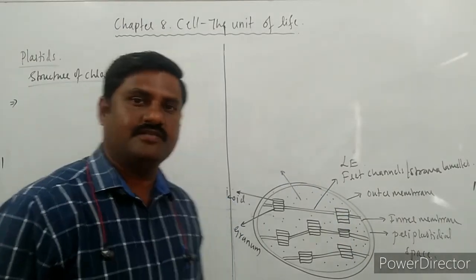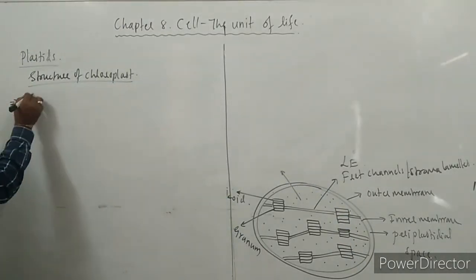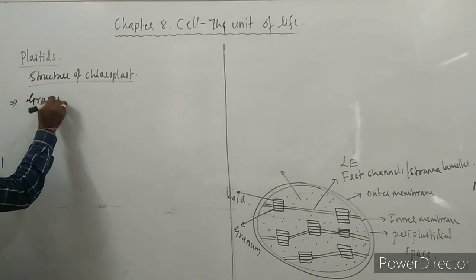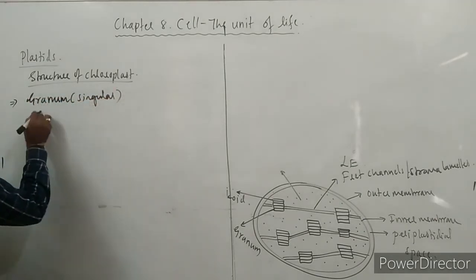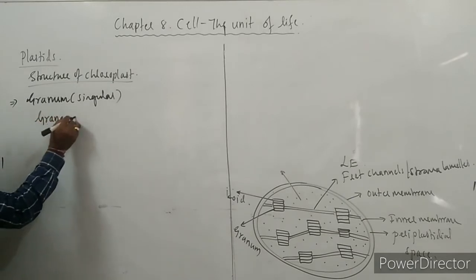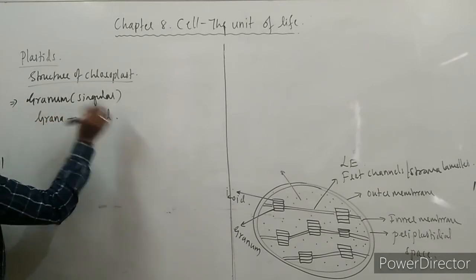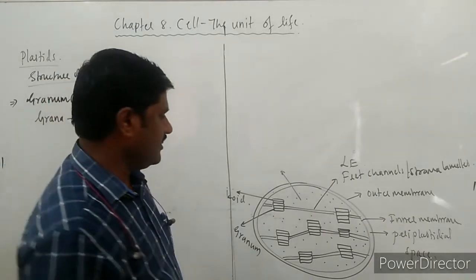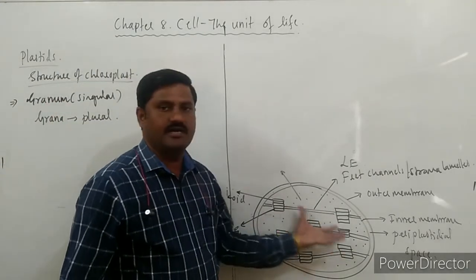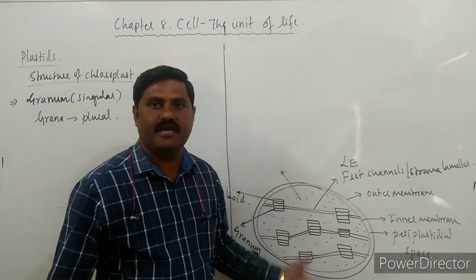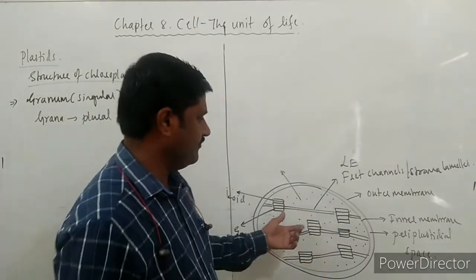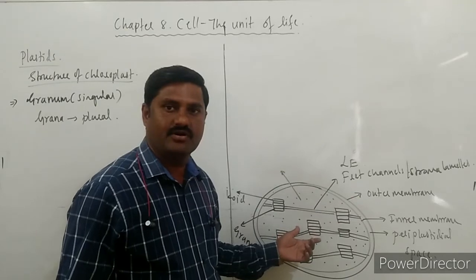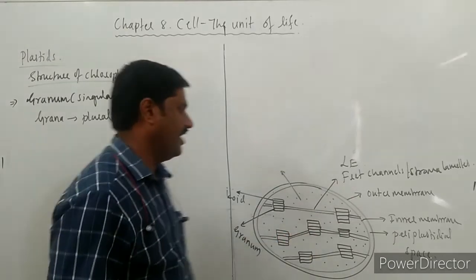Yes, the next one is granum. Granum itself is singular. Grana is plural. So a plenty number of granum are present and they are embedded inside the electron dense watery fluid called matrix, or also called stroma. Right?